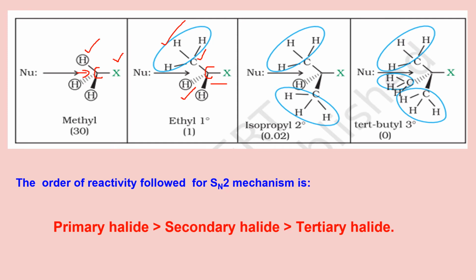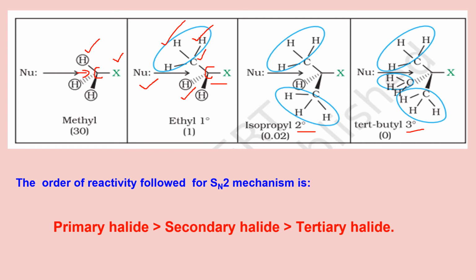If there is one more primary but there is one R group, we have taken the smallest R group, still this R group is much bigger than hydrogen, so nucleophile finds it slightly difficult to come and attack on carbon. And imagine if you have secondary or tertiary alkyl halides.